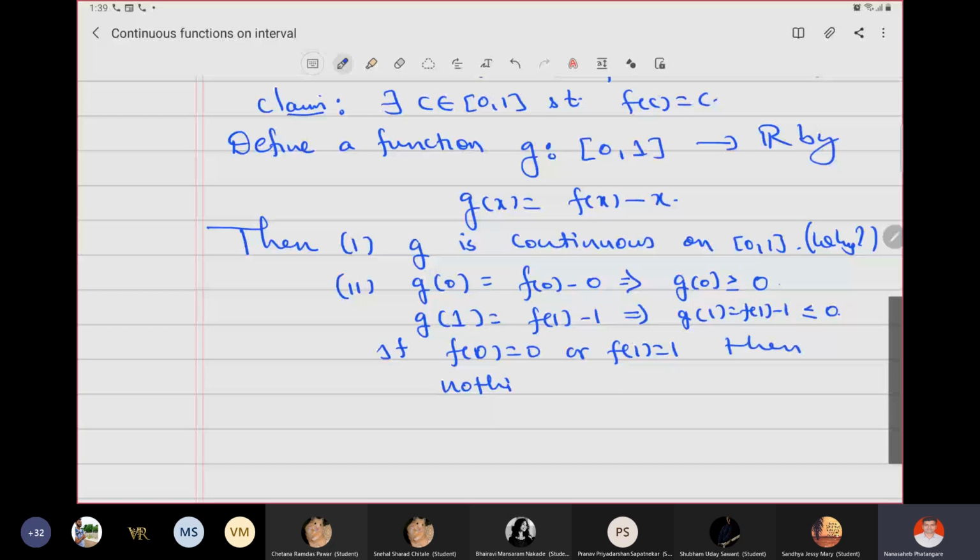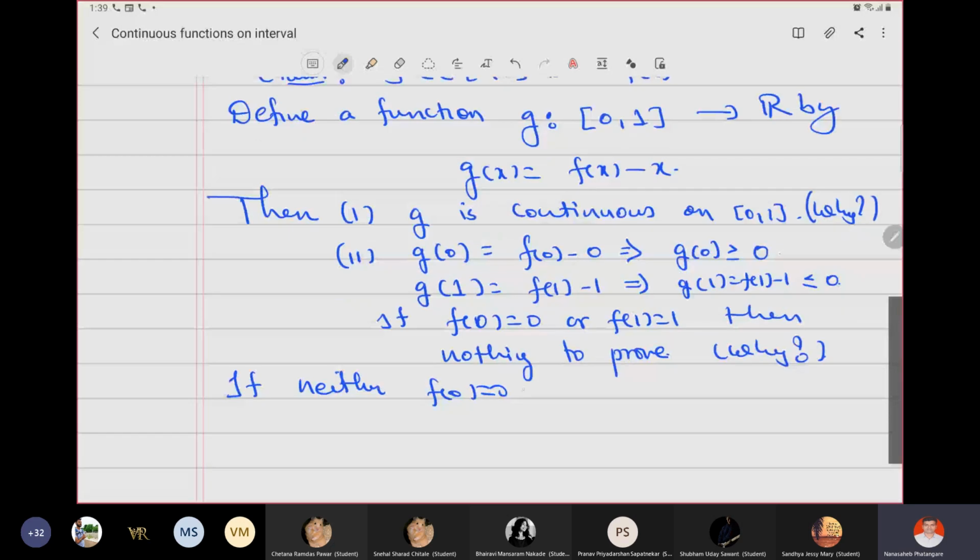But the case is non-trivial if neither f of 0 is equal to 0 nor f of 1 is equal to 1.